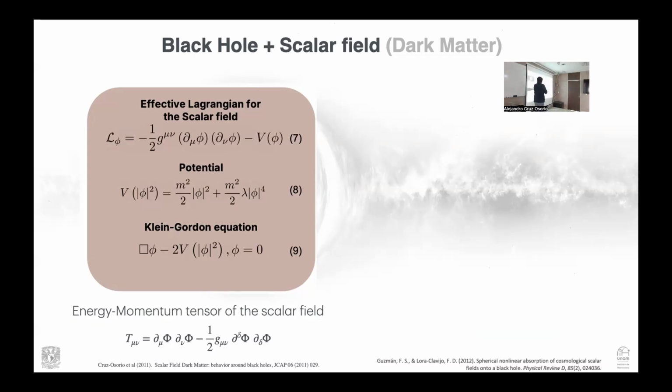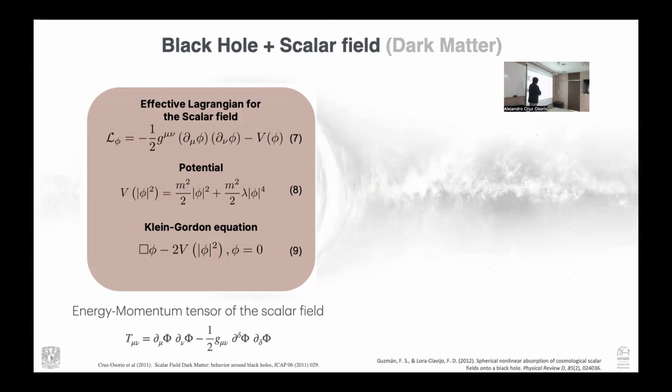So we will choose a massless scalar field, so basically we have zero potential. And then, of course, if we put the Lagrangian into an action together with gravity, we can do the variation with respect to the metric and then with respect to the scalar field, and then we will get the Einstein equation plus the Klein-Gordon equation, okay?